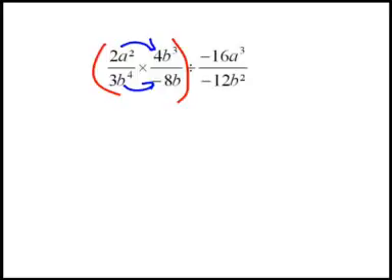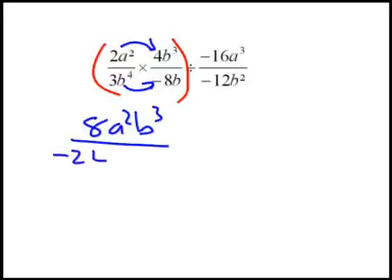So we'll get on the top 2 times 4 is 8, and then a squared b to the power of 3, and below the line we'll get 3 times minus 8 is minus 24, and b to the power of 5. Then we can cancel by saying 8 goes into itself once and into 24 3 times, and 3 of those b's will cancel with 3 of them at the bottom, leaving b squared.